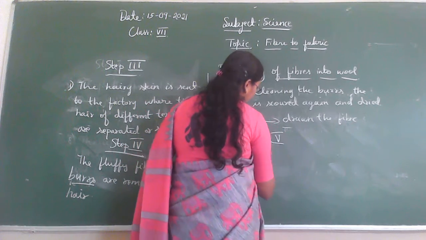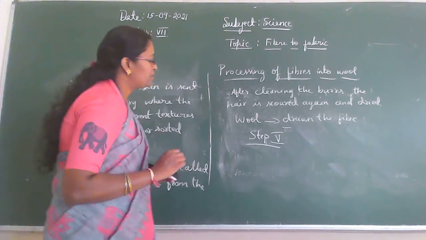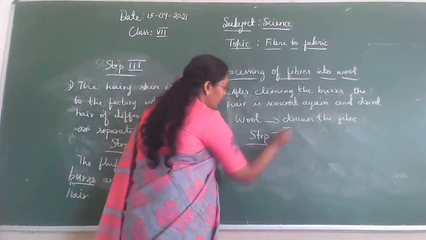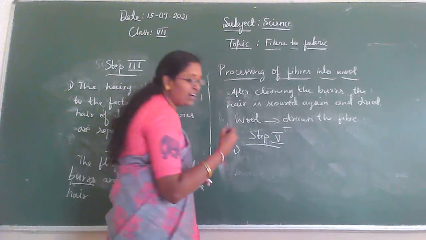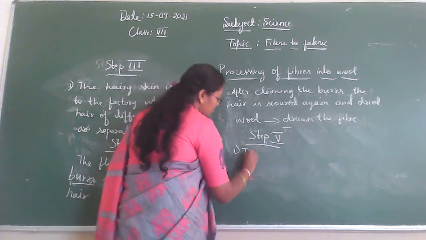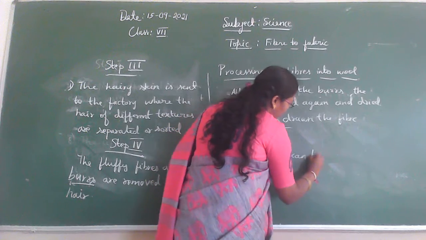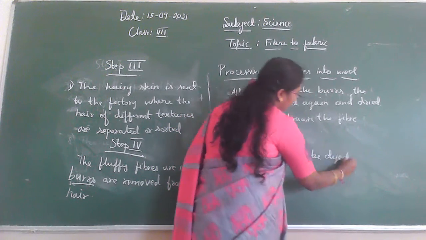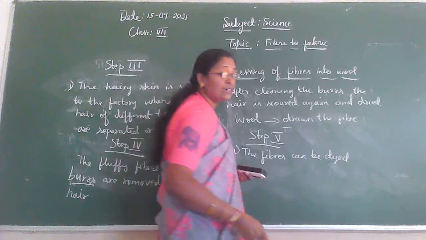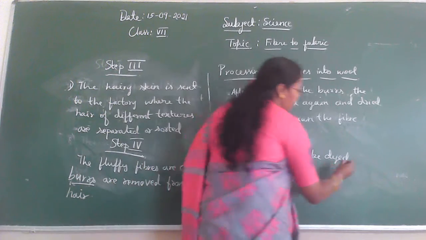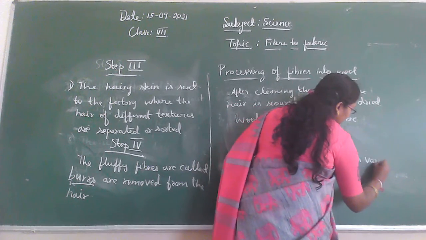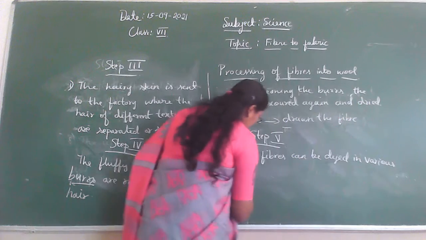So the next step, fifth. In this step, the fibers are dyed. Dyed means it is colored, dyed in various colors.